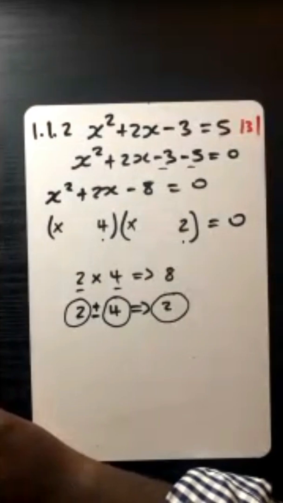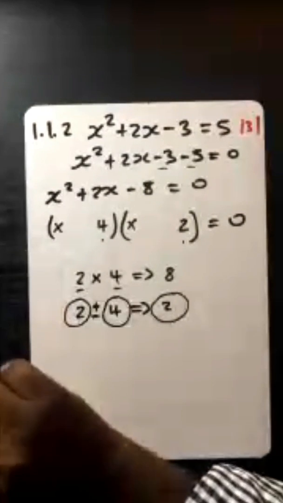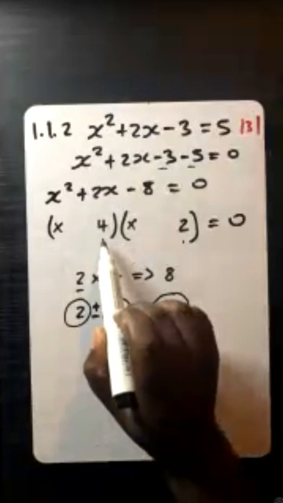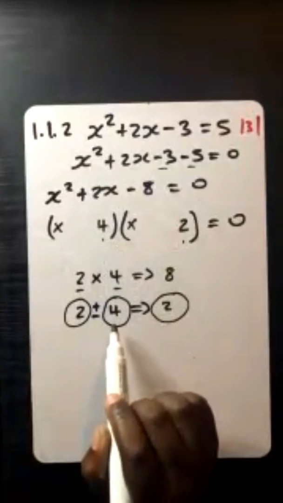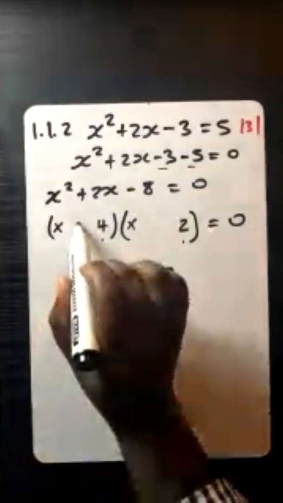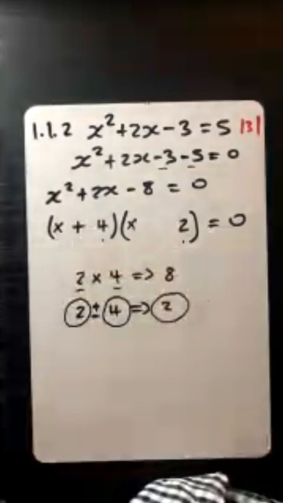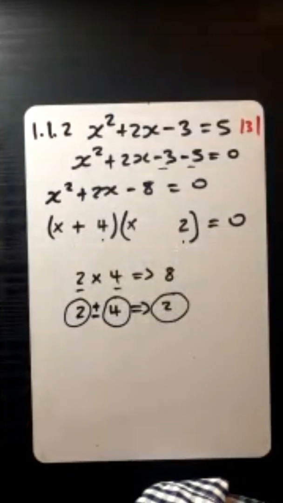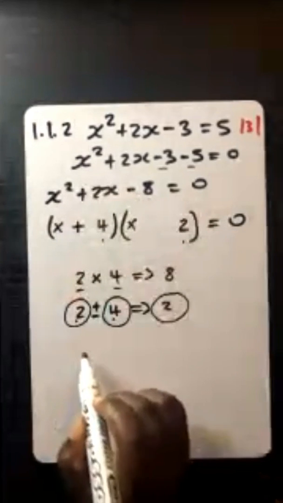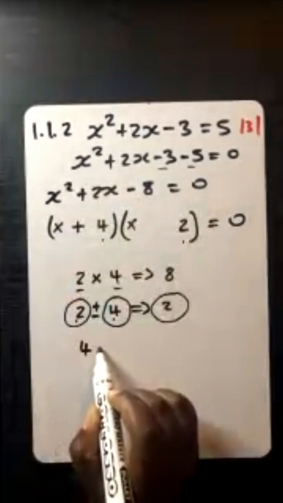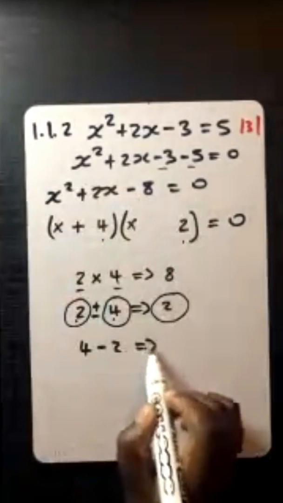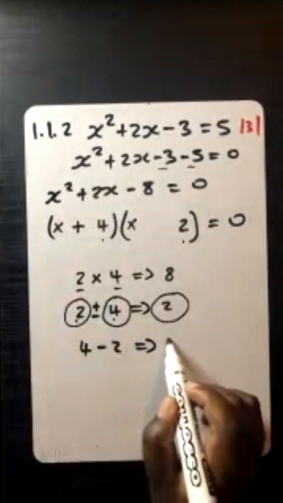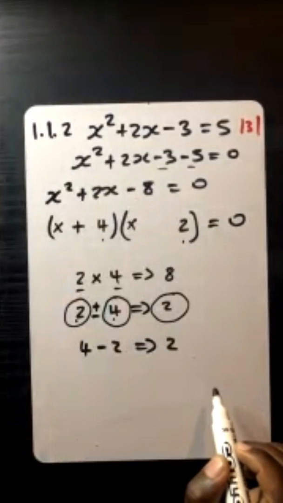So what is the sign of the middle term? It's positive. What is the bigger number between these 2 factors? It's 4. Obviously, 4 takes the sign of the middle term. So now, for me to get 2, if I say 4 minus 2, that's when it gives me positive 2.